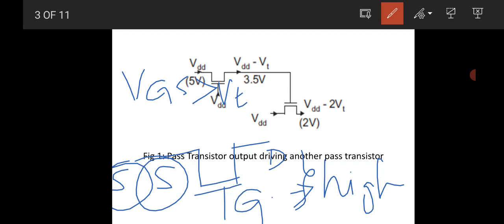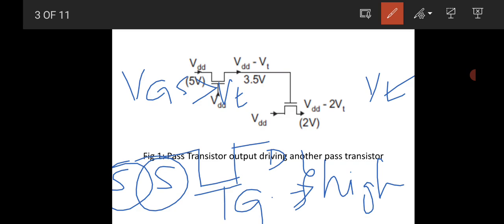For that purpose, the NMOS transistor requires VT, the threshold voltage, to be in the on condition. That means the source voltage cannot exceed the gate voltage minus the threshold voltage of the transistor.